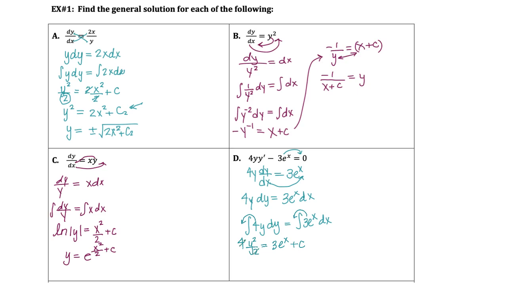I'm going to cancel out that 2. So I have 2y squared equals 3e to the x plus c. And you can either stop there or move your 2 over and do some square roots. Either one that you want to do is up to you.